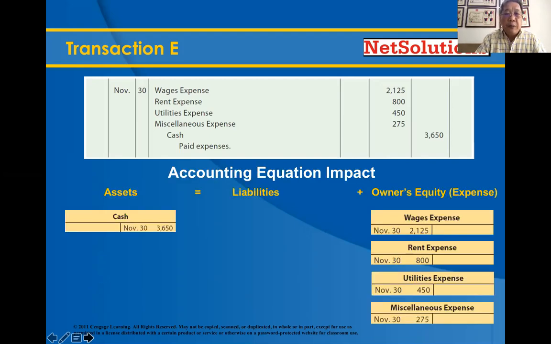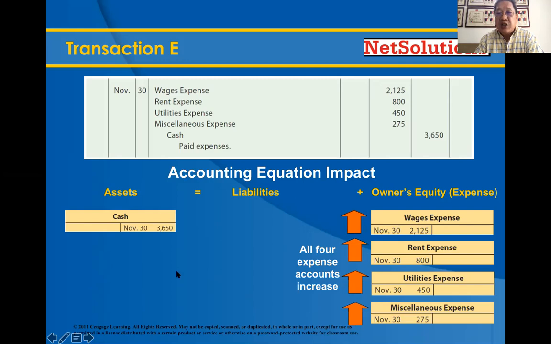So, anong effects in accounting equation? There is an increase in expenses. Remember, pag nag-increase ang expenses, nababa ang owner's equity kasi debit. Di ba? Ang normal balance ng owner's equity ay credit. Para itong T-account.